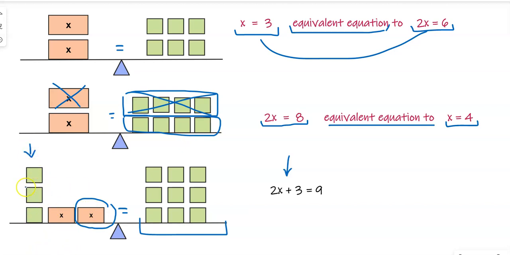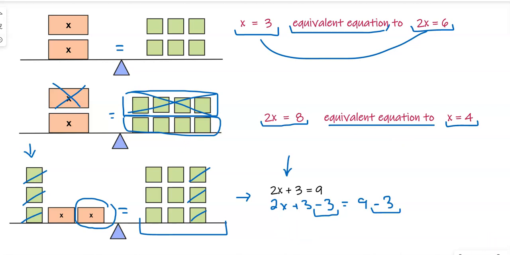Let's take away 3 units on one side, which means we have to take 3 units away from the right side also. Writing in algebraic way, that means we took away 3 units from both sides: minus 3 on the left, and 9 minus 3 on the right.